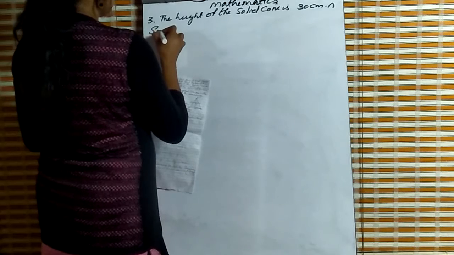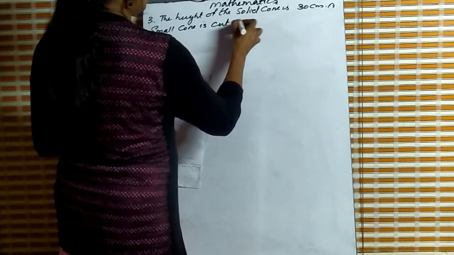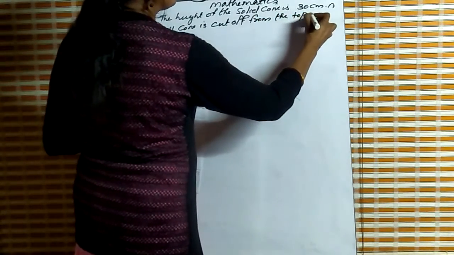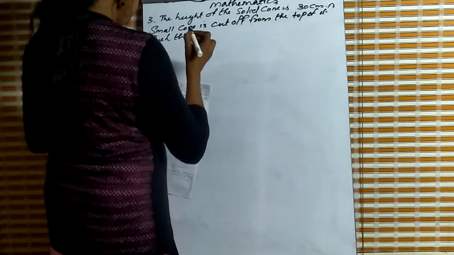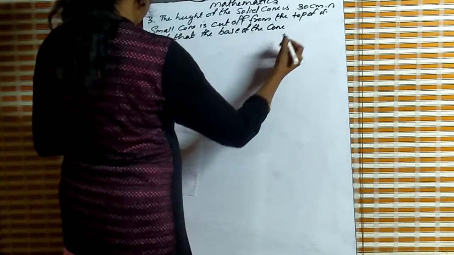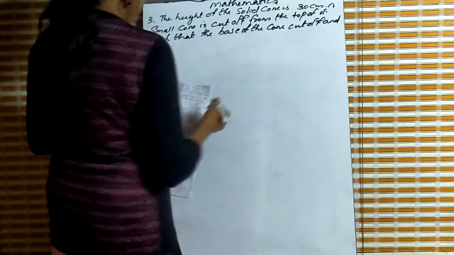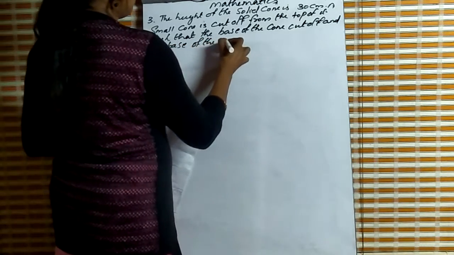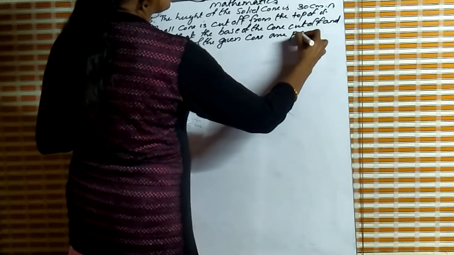A small cone is cut off from the top of it such that the base of the cone cut off and the base of the given cone are parallel to each other.